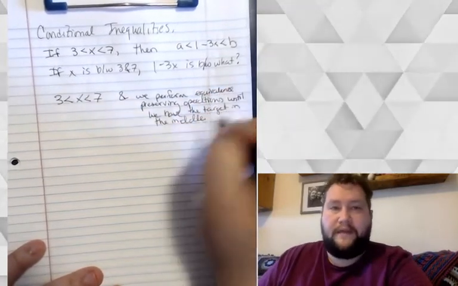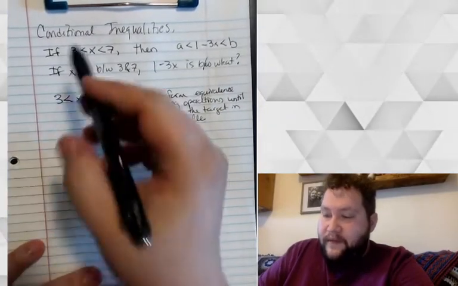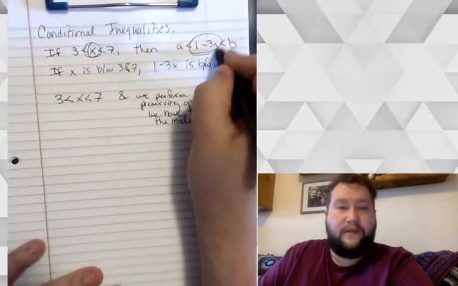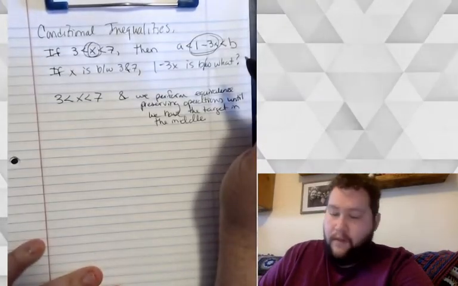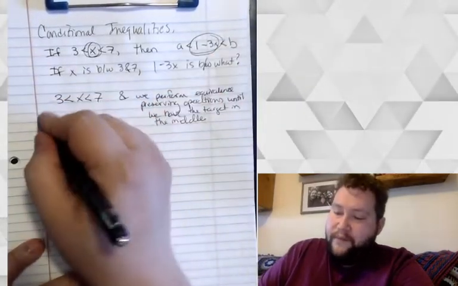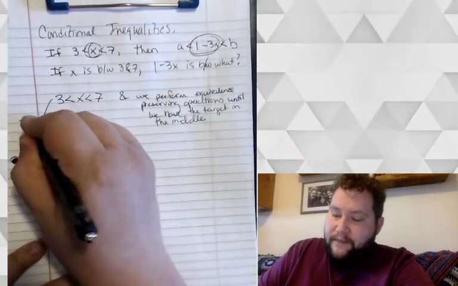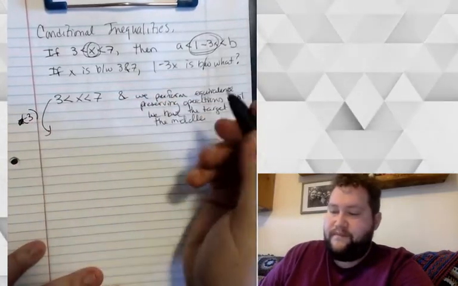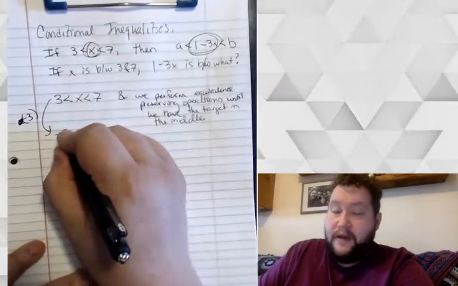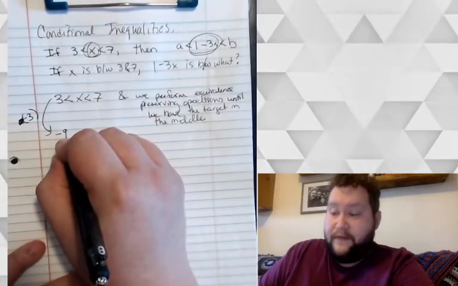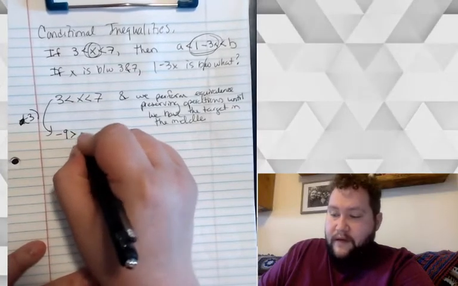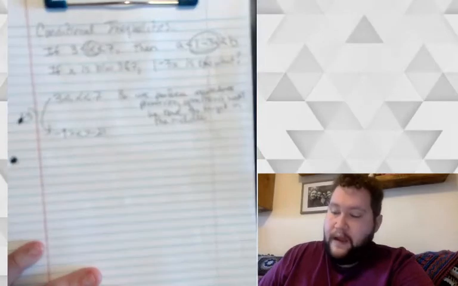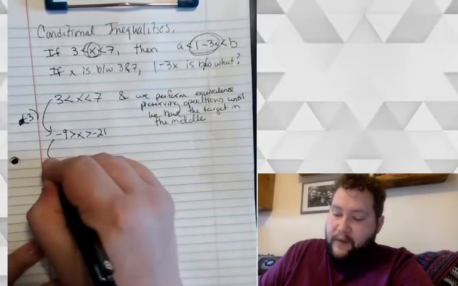Well, what does that mean? I was given that x is between these, and I want to know what 1 minus 3x is between. And so first, I'll multiply by negative 3. So I'm going to get negative 9, and notice a negative means I have to flip the inequalities, greater than negative 3x, greater than negative 21. And then I can add 1.